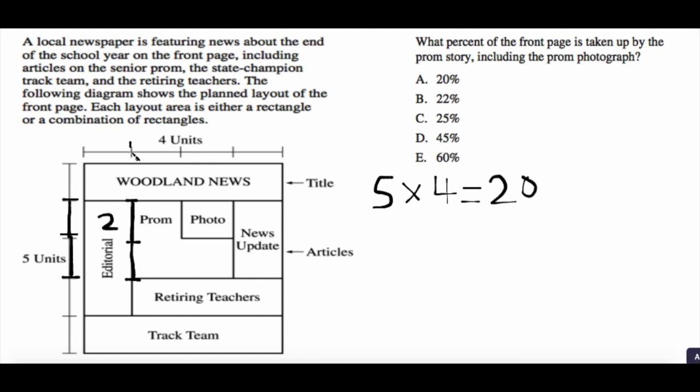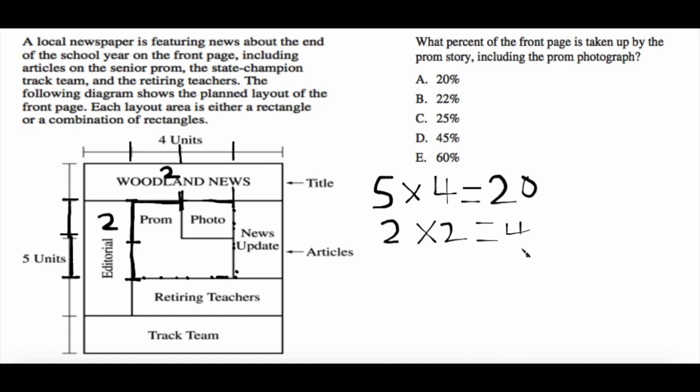Now I can do the same thing up here. Out of this 4 unit portion, it looks like we've got another 2 units up here. So this whole box where we've got the prom and the photo, I'm paying attention to right here, and it looks like this is 2 by 2. So I can find the area of this region by doing 2 times 2, which gives me 4.